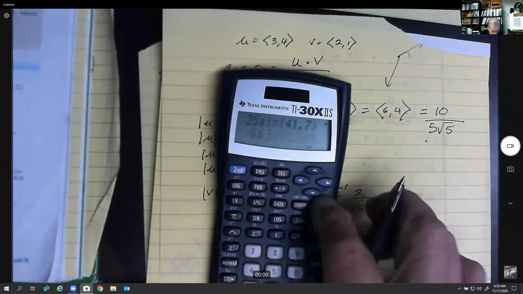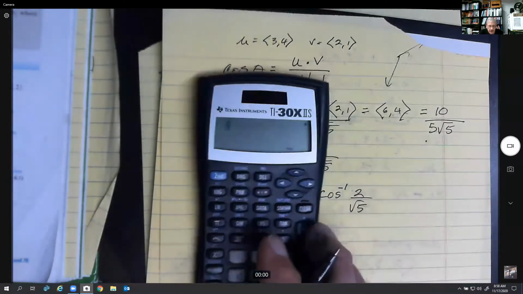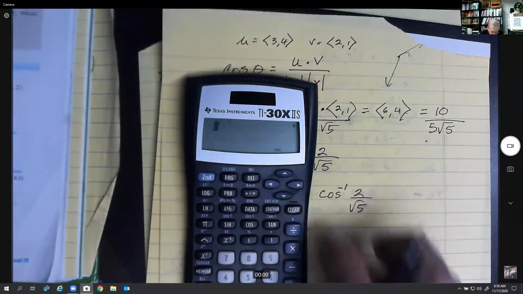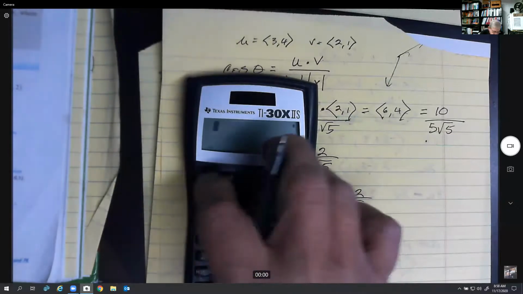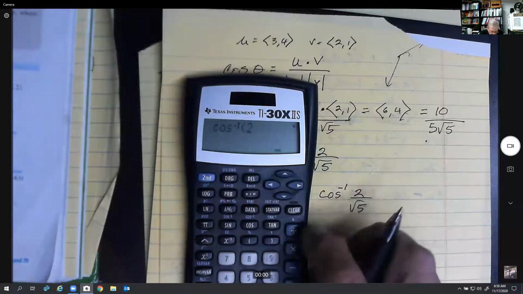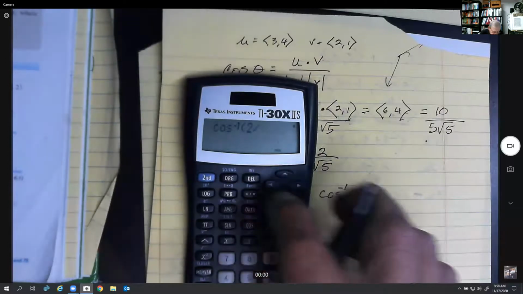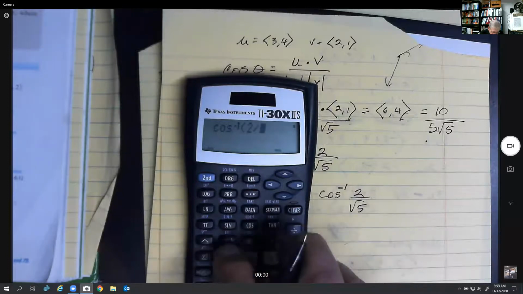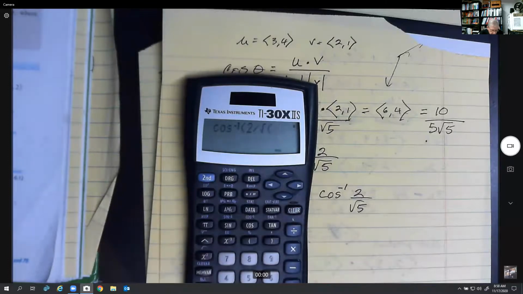Second cosine, 2 divided by square root of 5.